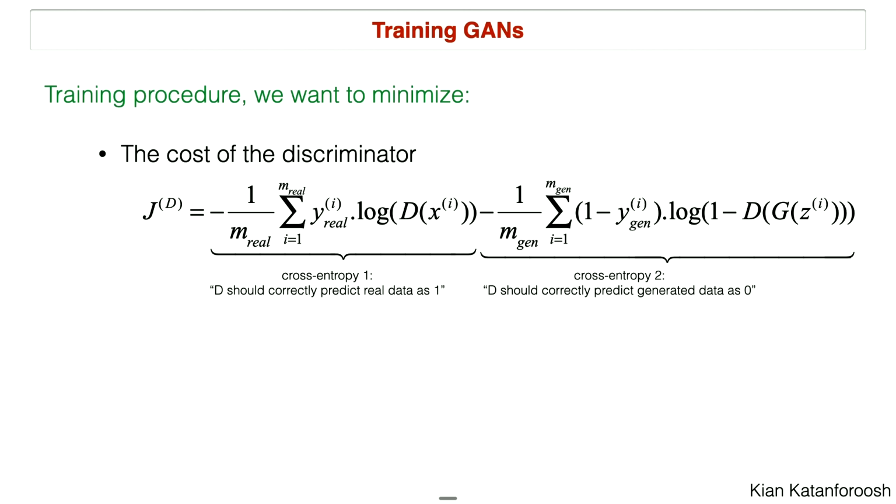And then the second term is going to focus on, you should correctly predict generated data as 0, which is why you see the term here on D of G of Z, because this is the forged image, the fake image outputted by the generator. And of course, Y real is always 1. We said we want you to predict 1 if the image is real, and if it's generated, it's always 0.